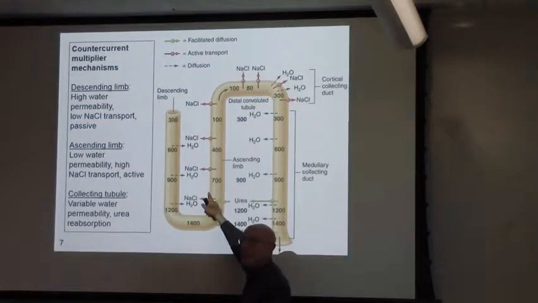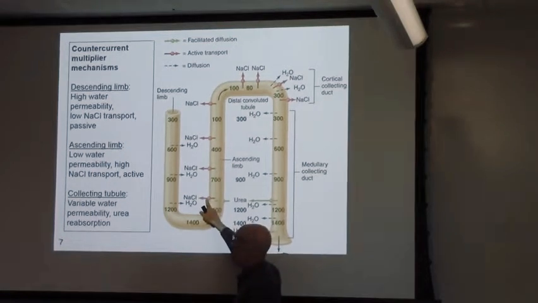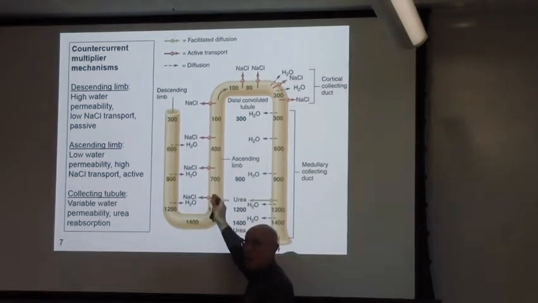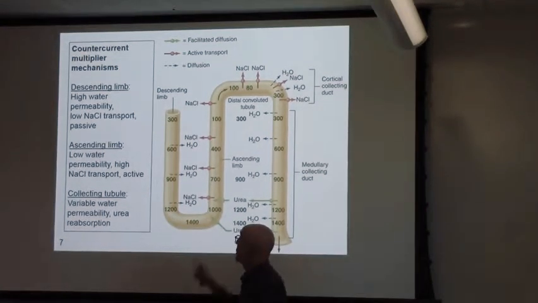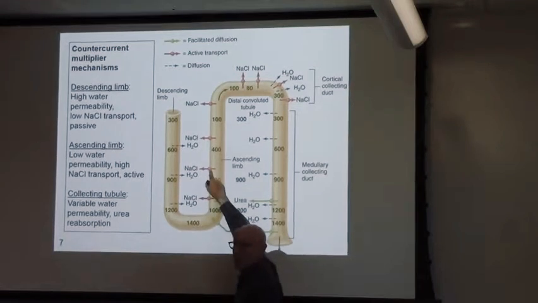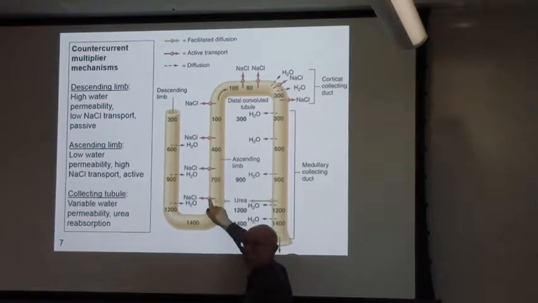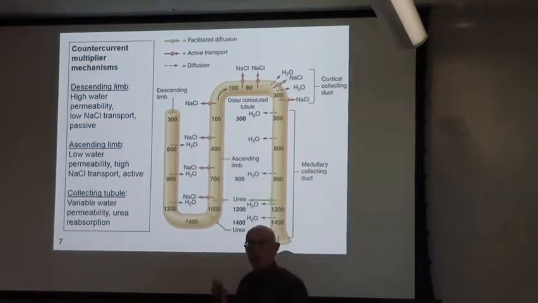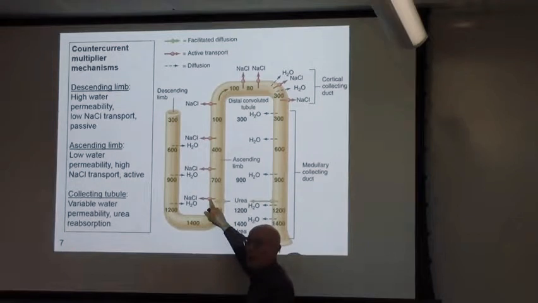What is the name of the transporter? NKCC2. NKCC2 co-transporter in the apical membrane of the ascending limb. And what is the way that sodium gets out of the basolateral membrane in the ascending limb? The sodium potassium ATPase. So these active transporters, these single arrows, are really two serial transporters. The sodium potassium 2-chloride co-transporter and the sodium potassium ATPase.